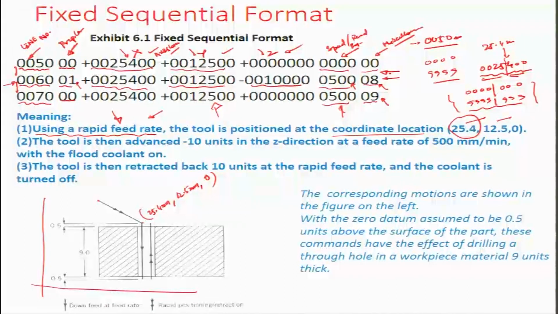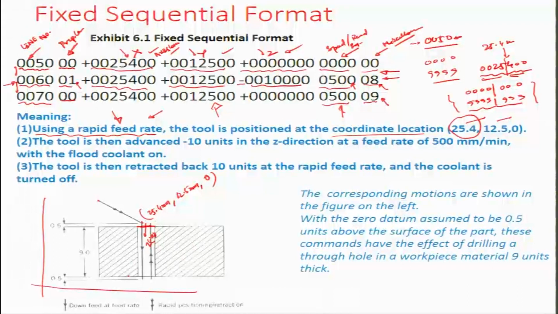So, from this coordinate 0000.000, it is going exactly 10 units in the negative z direction. As you know, the z direction corresponds to a decrease in the gap between the tool and the workpiece. So this particular gap which was there from this position to the surface of the workpiece is now decremented. So this is z negative.